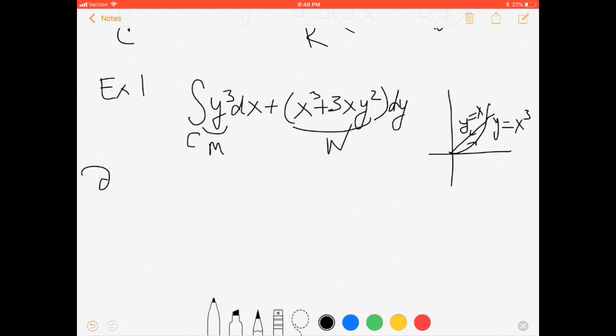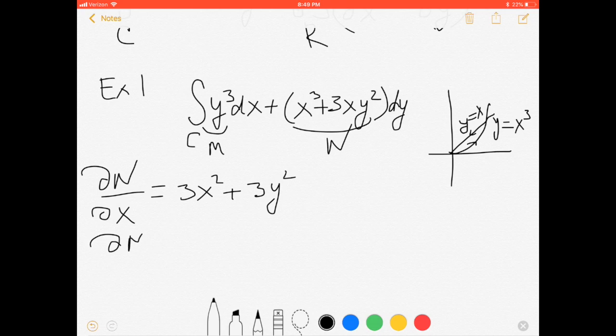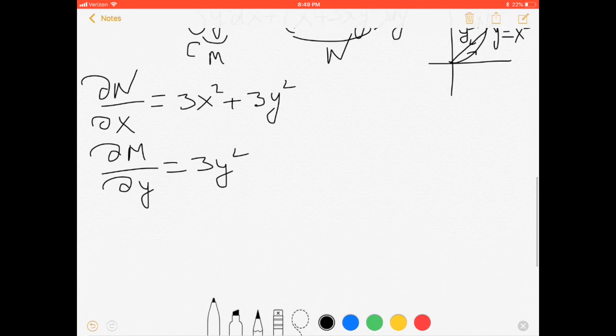Now we start counting. The partial derivative dN/dx will be 3x squared plus 3y squared, and dM/dy gives me 3y squared.